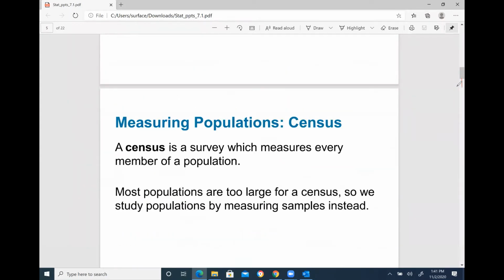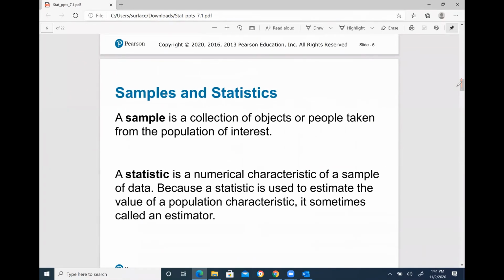Okay, if you have any questions, please email me to ask. So the next slide talks about samples and statistics. A sample is a collection of objects, people, or things taken from the population of interest. Like we mentioned earlier, the population of interest means you like to investigate that area, that field, and you want to know something about that big entire group.